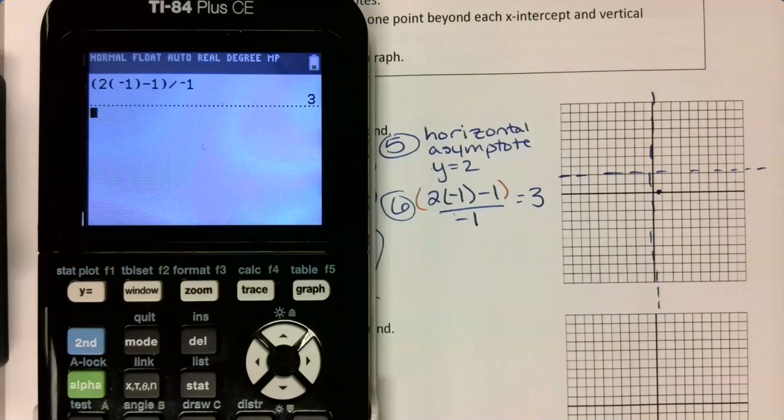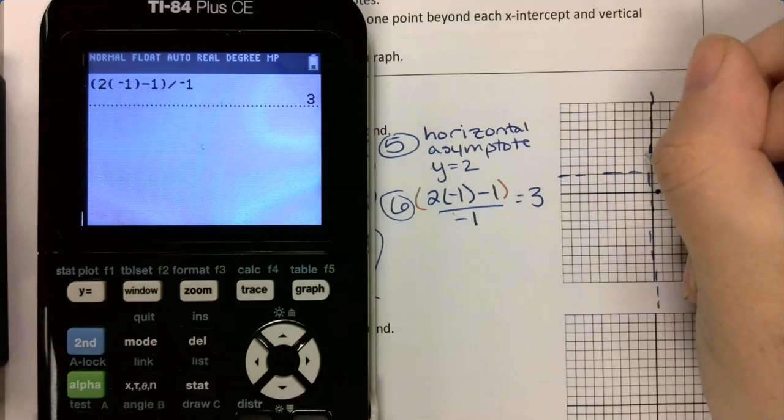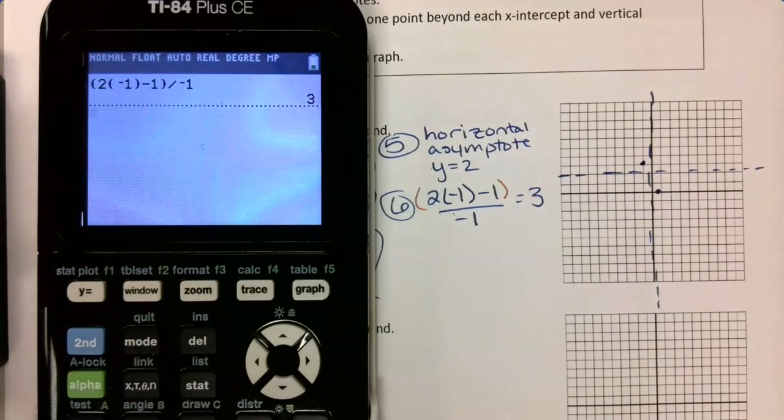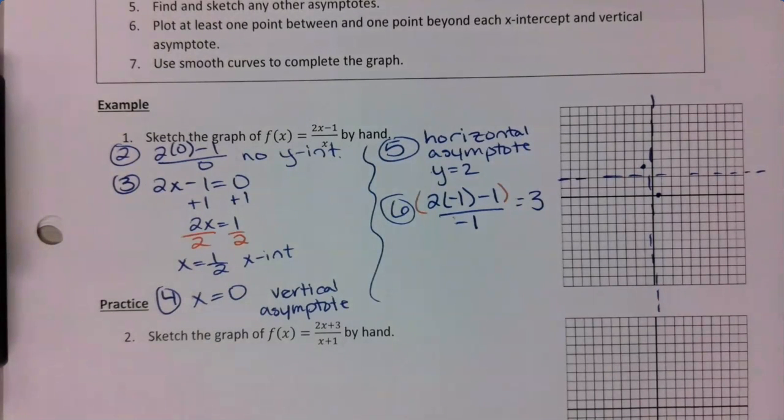What? I typed it in the calculator. I didn't even do it in my head. Okay, so then I can go ahead and, because I only have one vertical asymptote and I have a point on each side of it, I can go ahead and sketch out this graph.